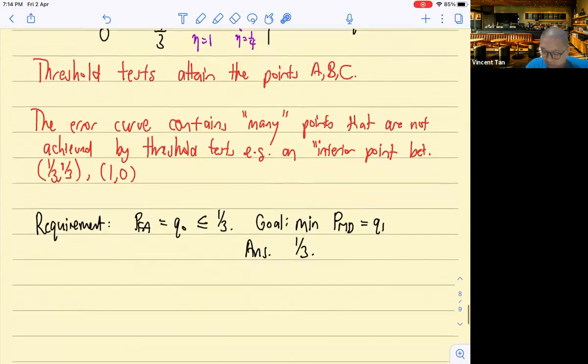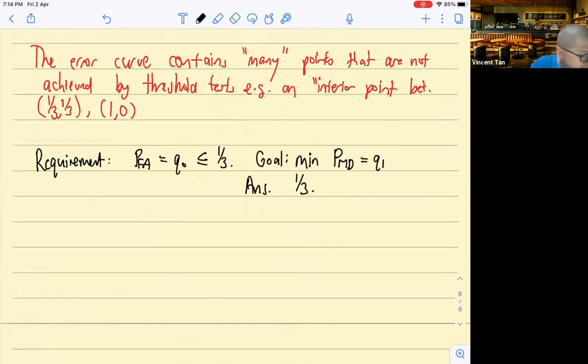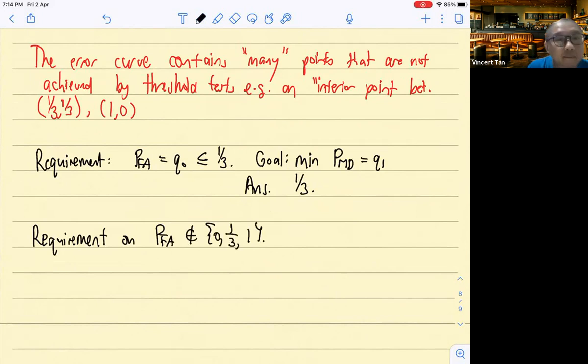Okay. So the idea here is that now our requirement on probability of false alarm may not be in 0, 1/3, 1.